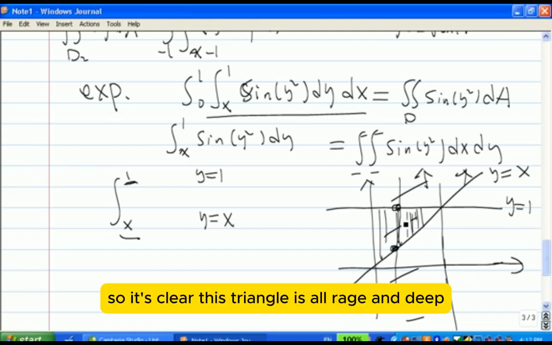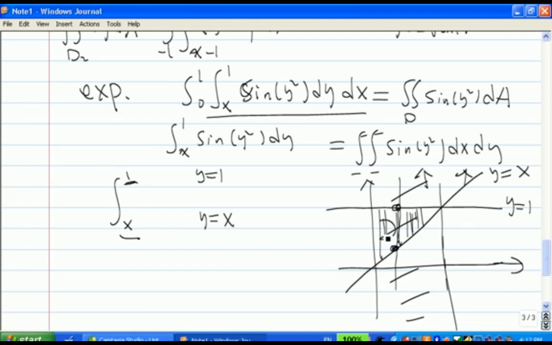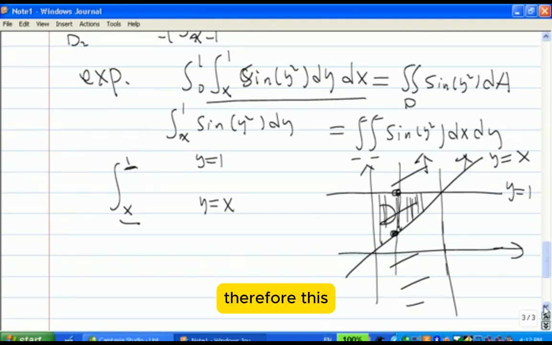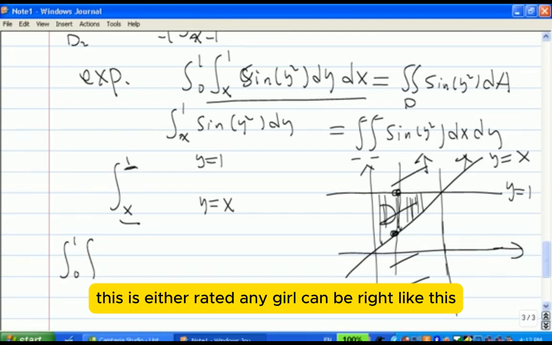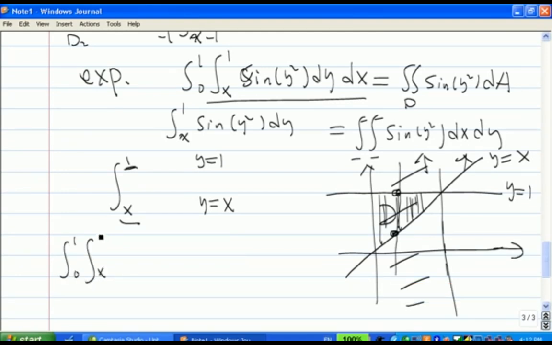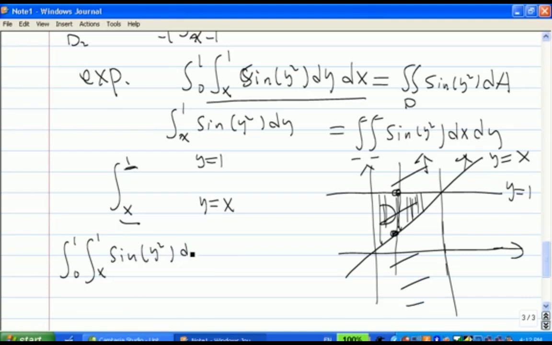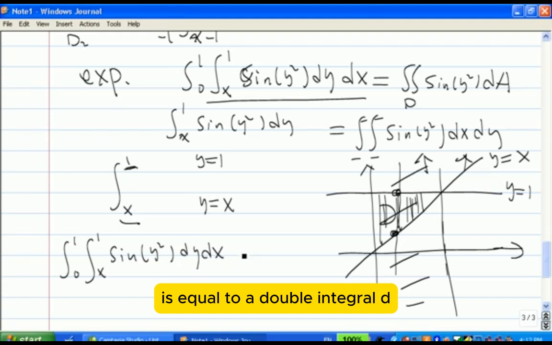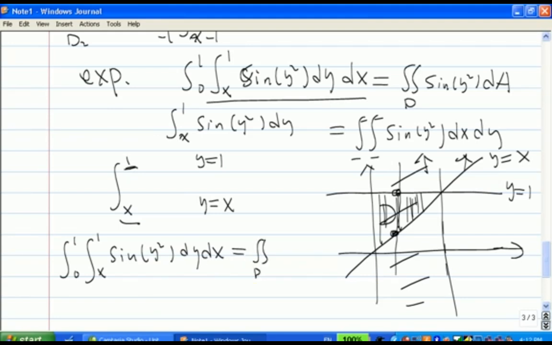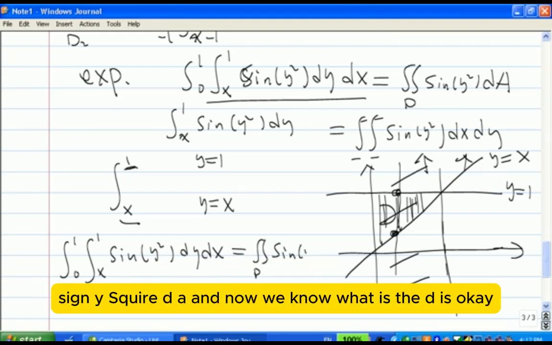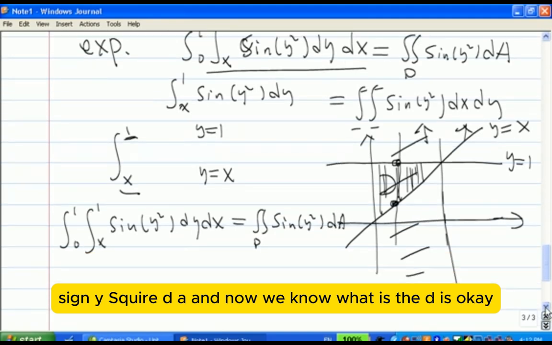This triangle is our region D. Therefore, this iterated integral, which is what we want to evaluate, is equal to the double integral over D of sine y squared dA. And now we know what D is.